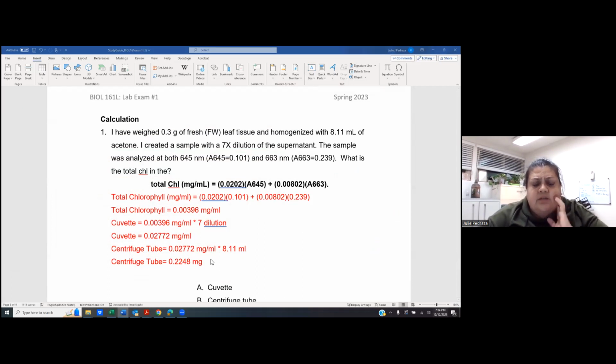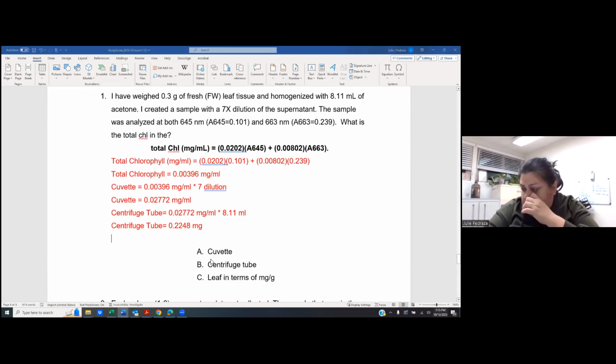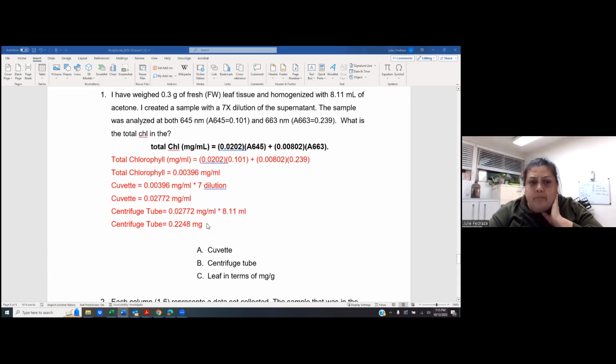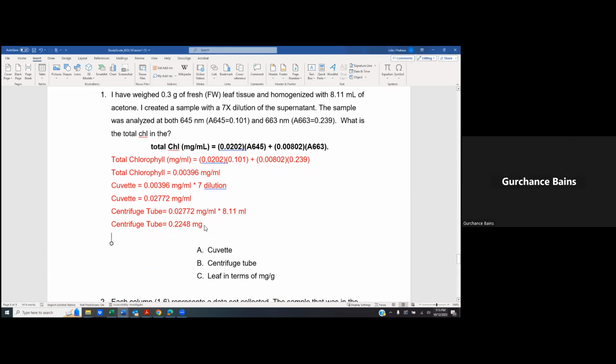Okay, so now we know what's in the centrifuge tube. What's left? I think we divided it by the fresh weight, but we have to convert it to milligrams first, right? Correct.